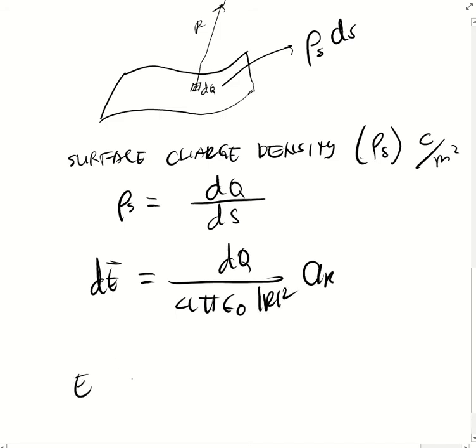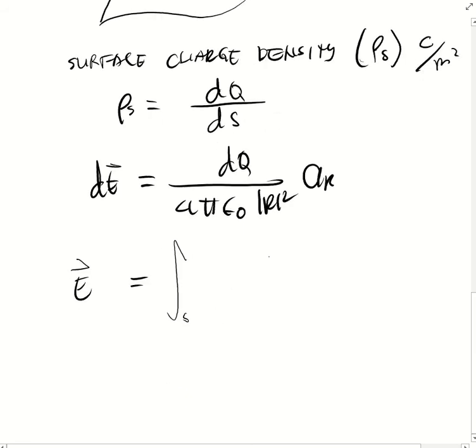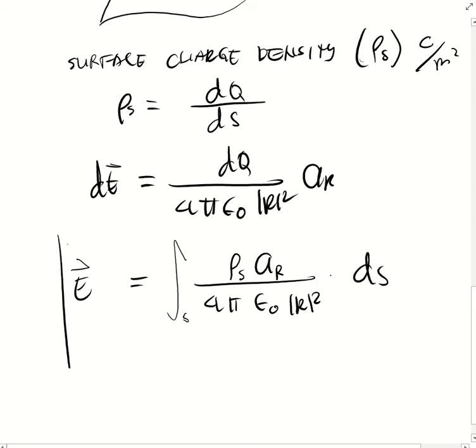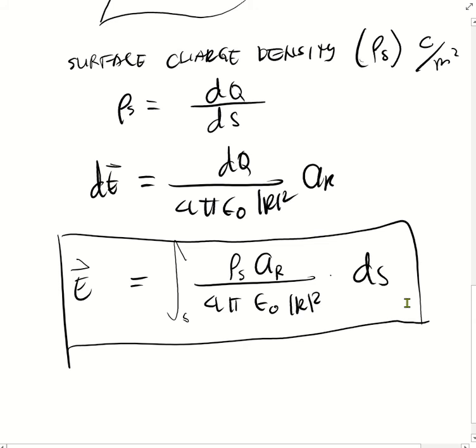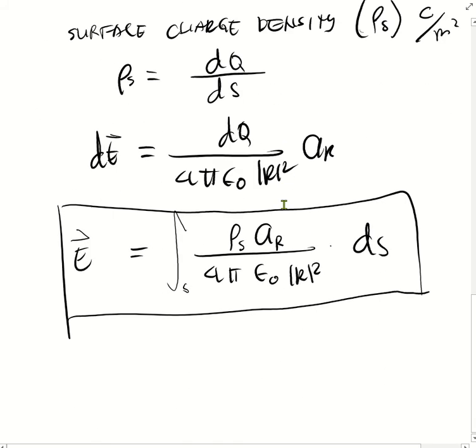So E is now equal to the surface integral of dQ, which is rho S times dS, rho S AR all over 4 pi epsilon naught R squared, with dS as our differential surface area. And this will be our formula for the electric field intensity due to a surface area, a sheet charge.